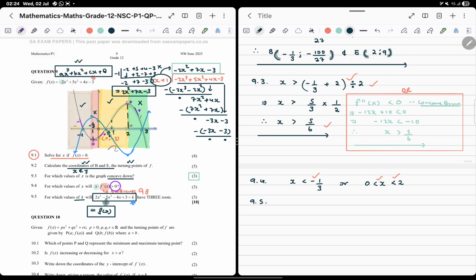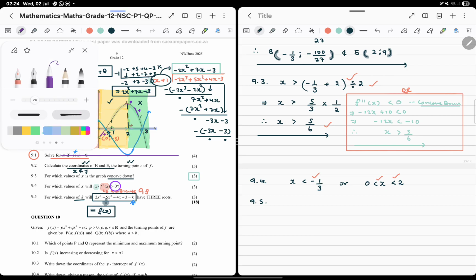By the way, if we draw this at the level of the turning point, this is what we get. Of course, this would mean the graph here.